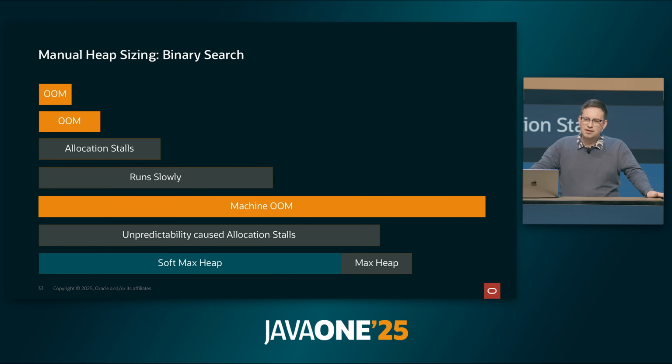This gives a little bit of a memory buffer in the discrepancy between these two heap sizes for unpredictable situations. But then it's quite difficult to measure the extent of unpredictability, because unpredictability in its nature is unpredictable.